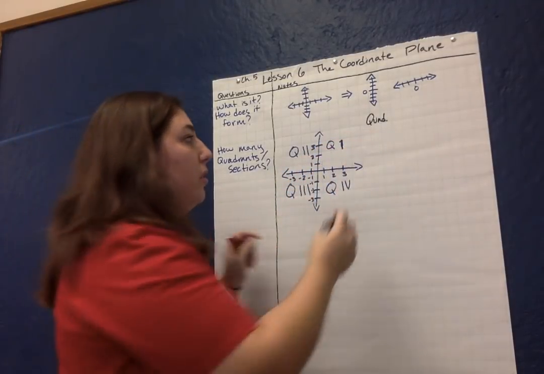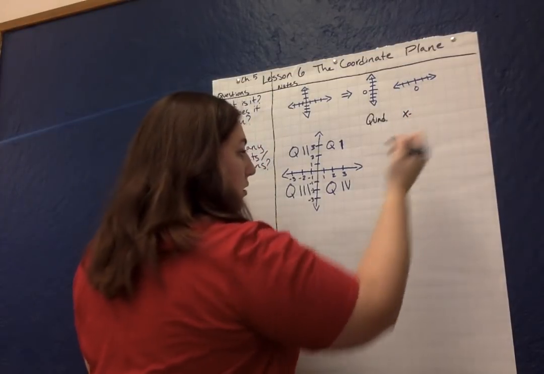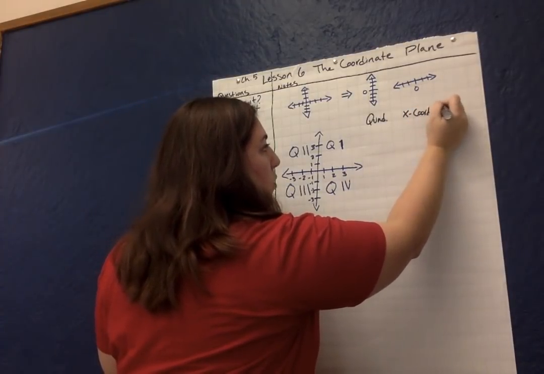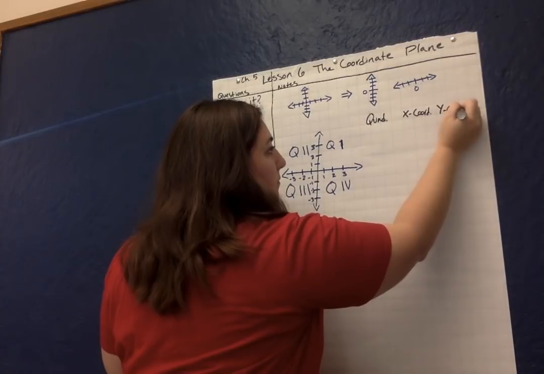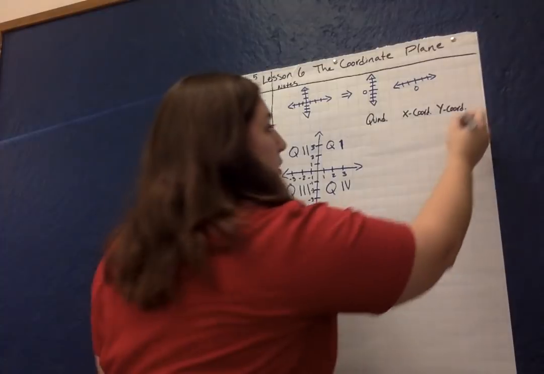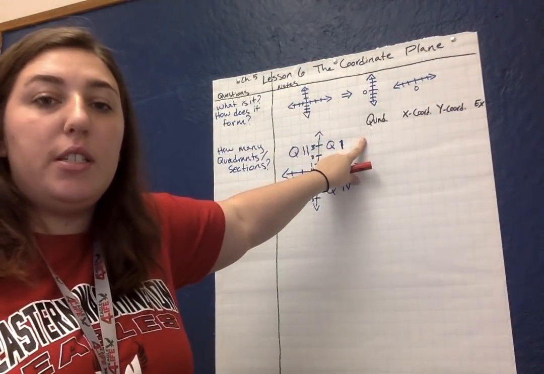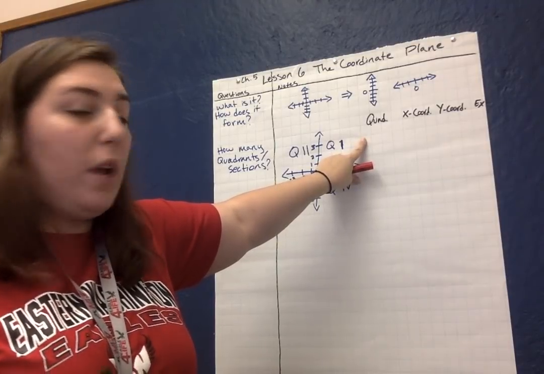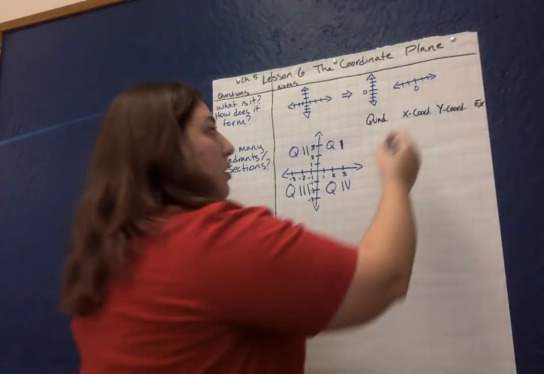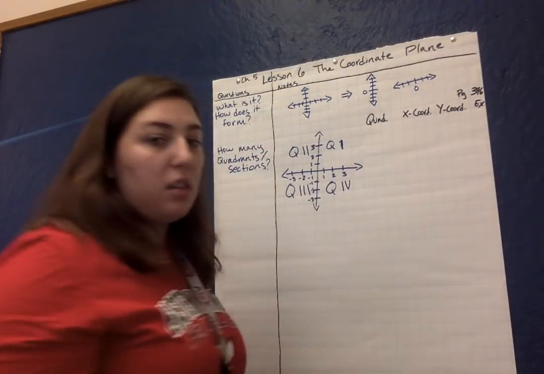And then we're going to have the x coordinate, the y coordinate, and we're going to have an example. Okay, if you want to see a complete table of this, where everything's written out, I would check out page 396. So I'll just write that over here, page 396 in your math notebook.